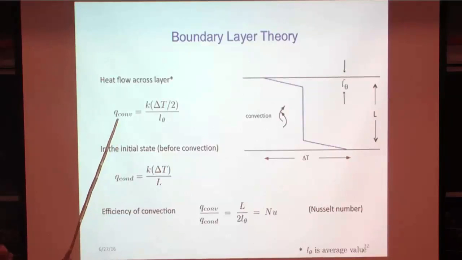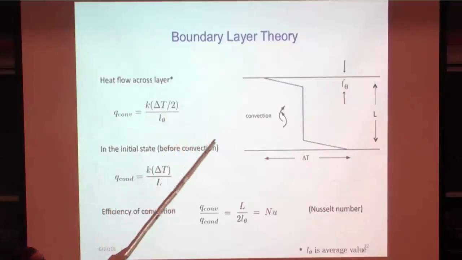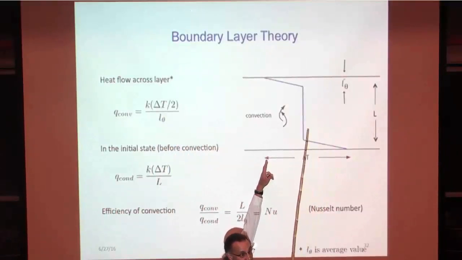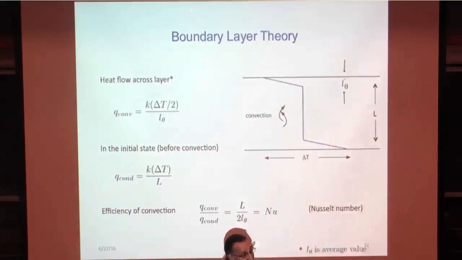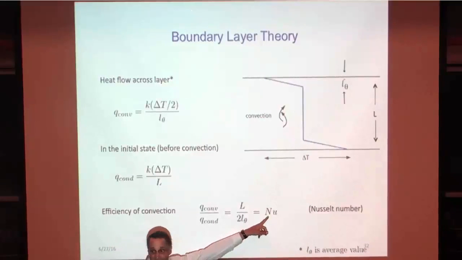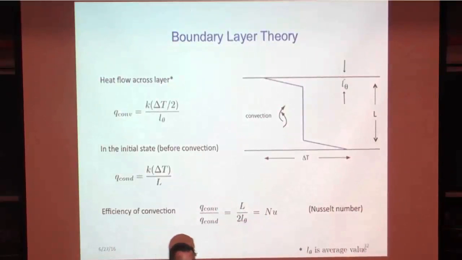The amount of heat transferred by convection is equal to, again, thermal conductivity times the temperature difference, but now only half the temperature difference because we're going from the median temperature of the fluid to the surface, divided by the thickness of that thing we called the thermal boundary layer. And the ratio of those two quantities we called the Nusselt number. And notice it looks like the layer thickness divided by the thermal boundary layer thickness.